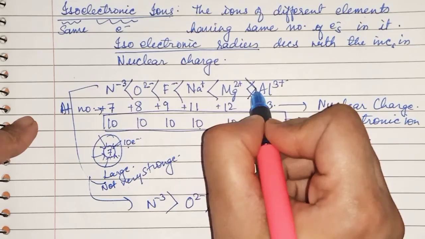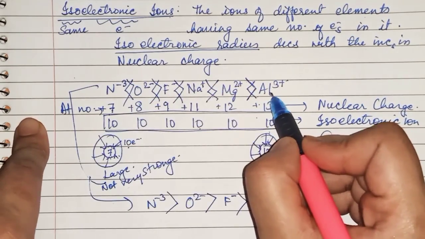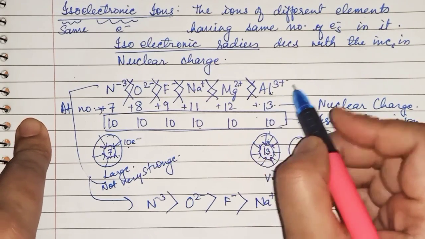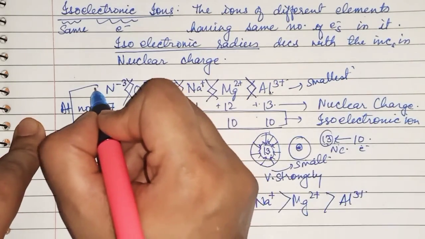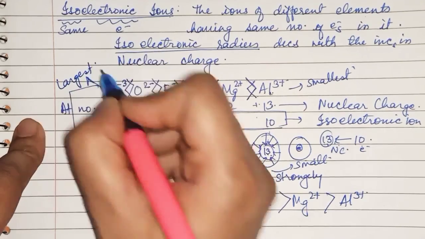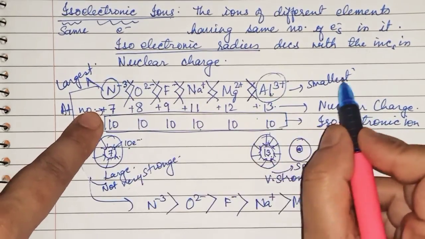This will be in the opposite direction because here nuclear charge is more and electrons are fewer. So this will be the smallest and this one will be the largest. Nitrogen is largest and aluminium is smallest.